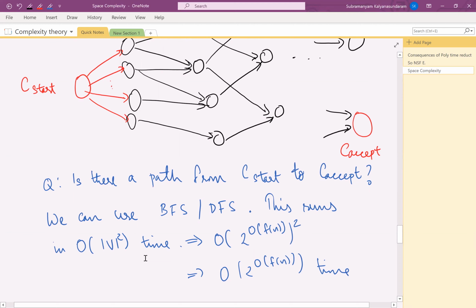We know the number of vertices is the number of configurations, which is this. Even if there is a square, this power 2 gets absorbed into the O in the exponent. The O hides a constant in the exponent, and that constant is much worse than a constant outside. So we could just remove this outside O as well.